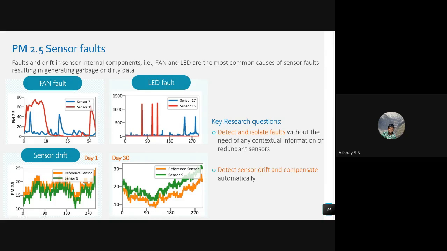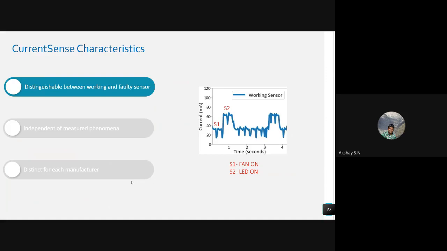Imagine you're deploying it in Delhi and then you have to bring it all the way back to Bangalore to check whether the sensor is working. It doesn't work. But these are the challenges the IoT community is facing today in terms of this low-cost deployment. Now, let's see how current sense can help solve those problems.